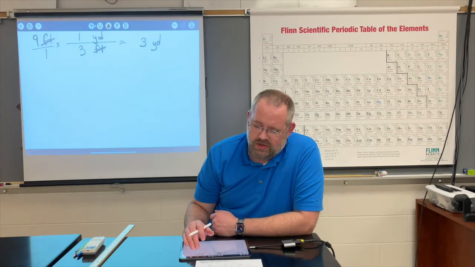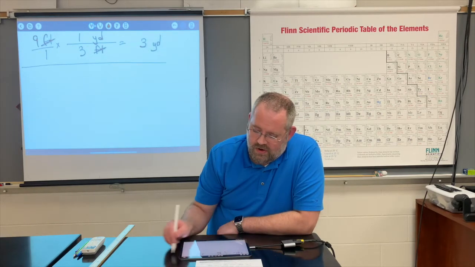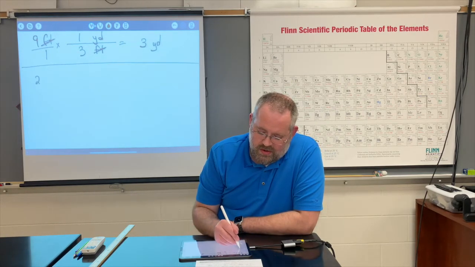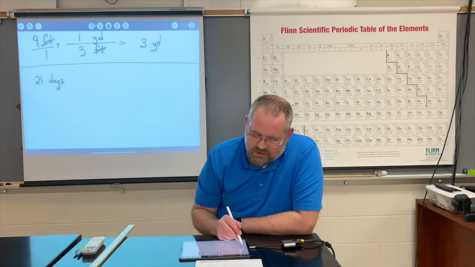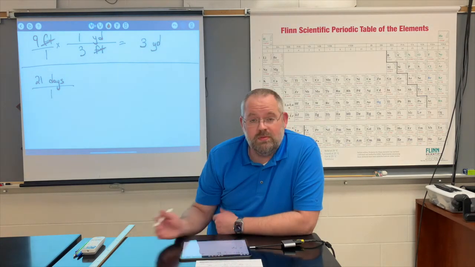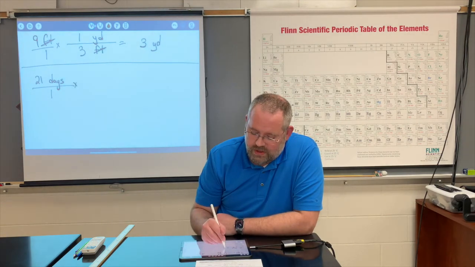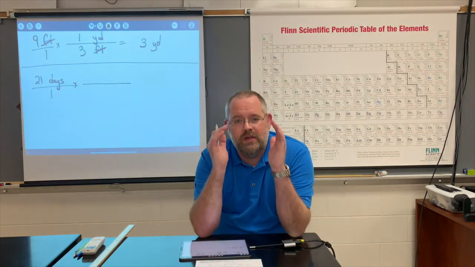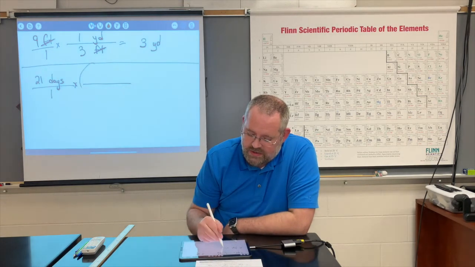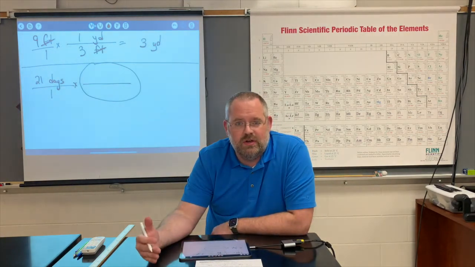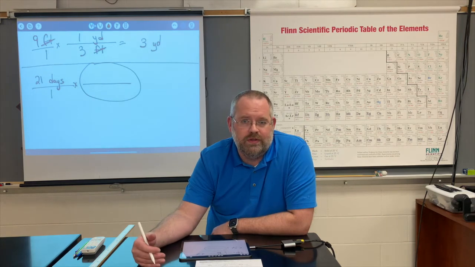Okay, you can go really far with this. I'm going to go back to days. How many hours are in 21 days? That's a big one. So this is understood to be over 1. And what I want to do is I need my unit factor. I need my conversion. So I need this section here. What's going to be my 1 over 1, so to speak?